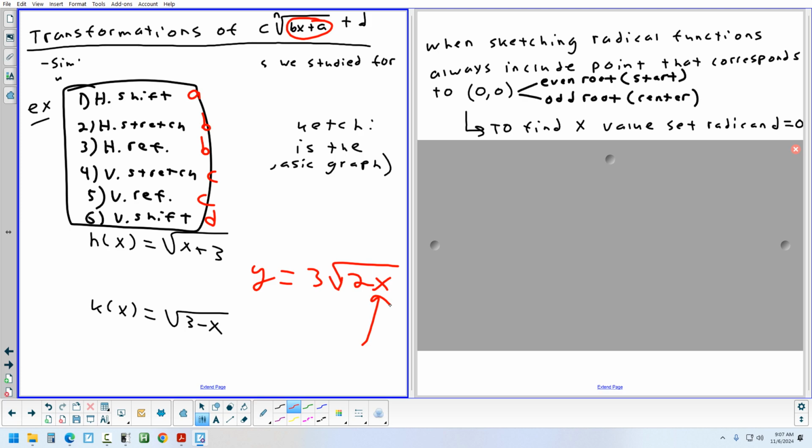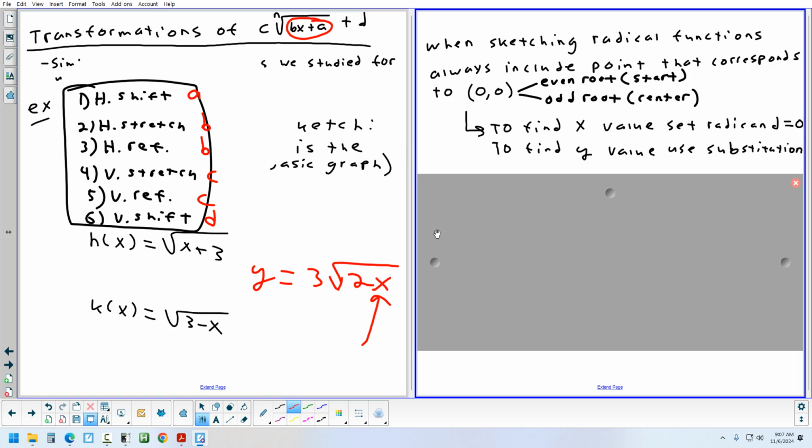When you plug in that x value and you do out all the math, it's going to give you the y value. So you find the x value first, and then you substitute it into your formula, and then you'll have the y value. Okay, now that's not the whole graph. That's just where the graph is either going to start or that's where the center is going to be.